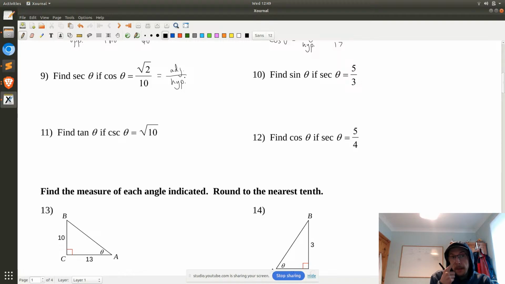Secant of theta, by definition, is 1 over cosine of theta. So in this case, it's actually kind of easy. It's just 10 over root 2. But wait a minute. You have to simplify. So that would be 10 root 2 over 2, which is 5 root 2.